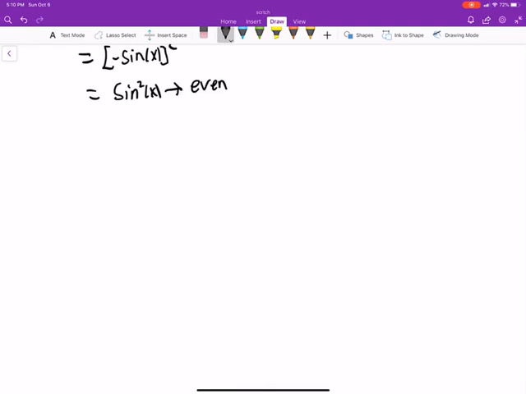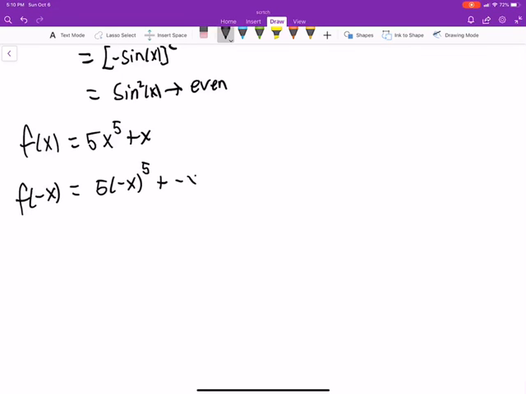Let's try another one. Let's say f of x is 5x to the 5th plus x. F of negative x is 5 times negative x to the 5th plus negative x. Well, a negative to an odd power is going to yield us a negative. So this, we would say, is odd.